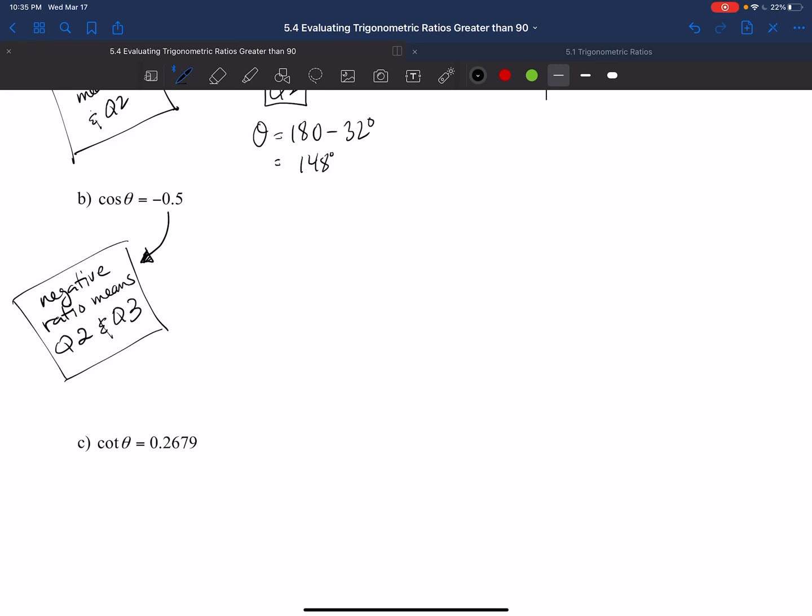It's positive in 1 and 4, but negative in 2 and 3. So let's think about quadrant 2 here. So if we type that in the calculator, you get 120 degrees.